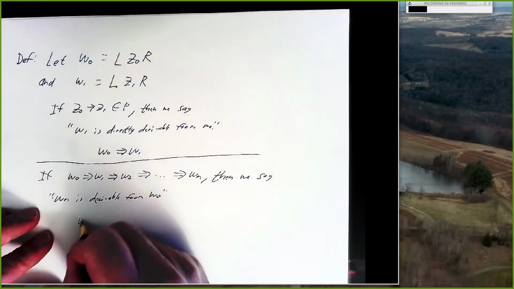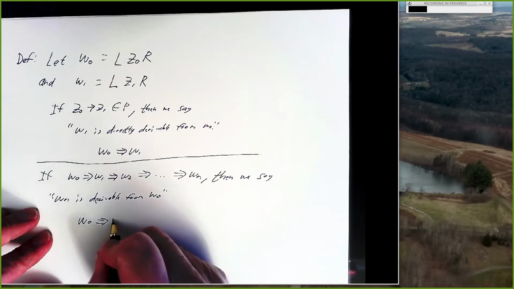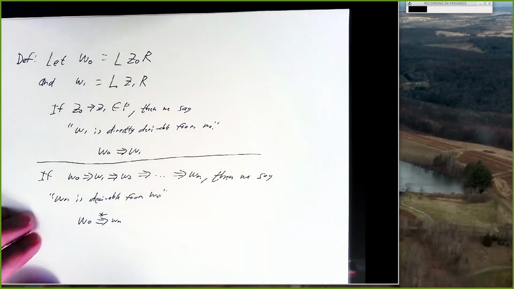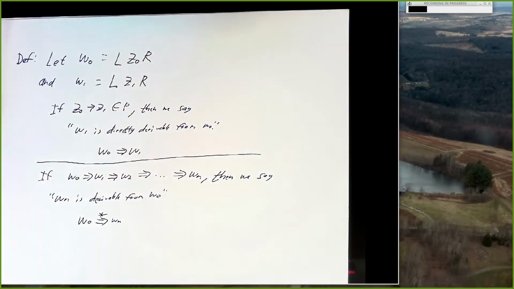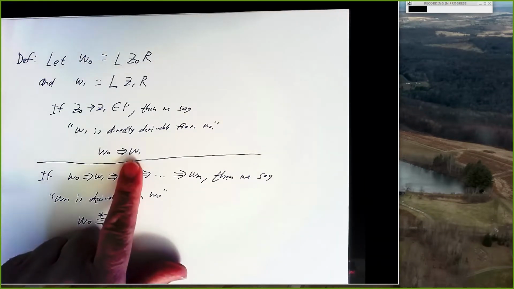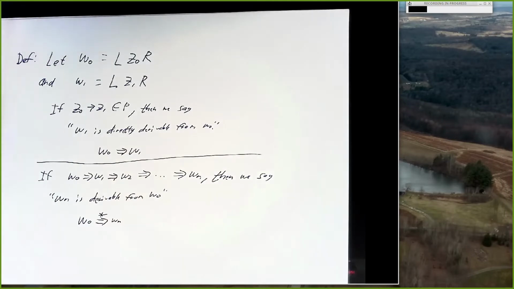And in this case, we have some symbology where we put a little asterisk on the top of this arrow. So Wn is derivable from W0. Here W1 is directly derivable from W0.